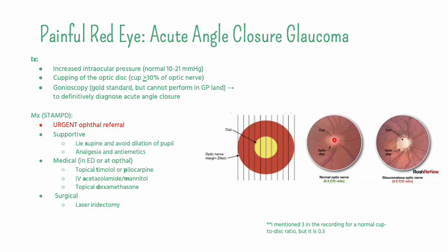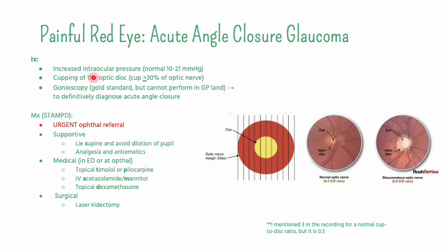And essentially you would want to measure the ratio of the cup, this small thing, to the optic disc, like you would here. If the ratio of the cup to disc is less than 0.3, that's normal, but if it's greater, then this should start ringing alarm bells.